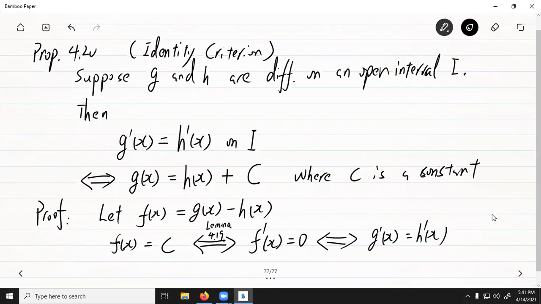Because f, take the derivative, g prime minus h prime equals 0, so g prime equals h prime. And f of x equals C means g of x equals h of x plus C, right? So we are done, right? We have this if and only if this. So this is the end of the proof.